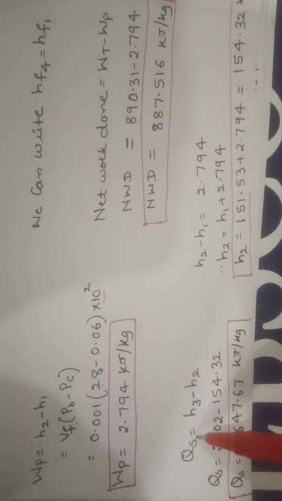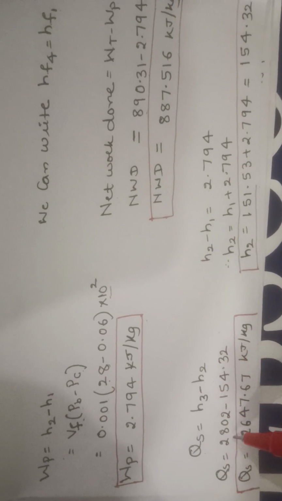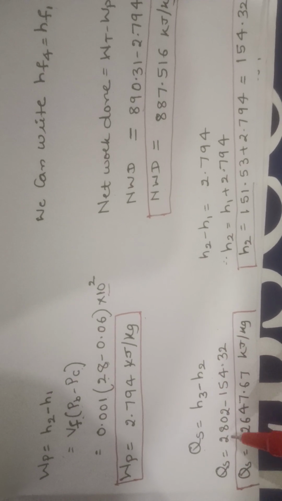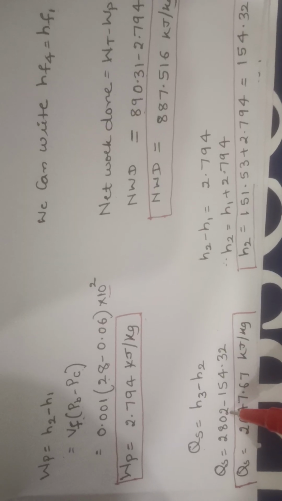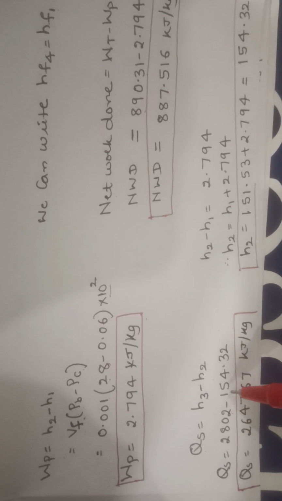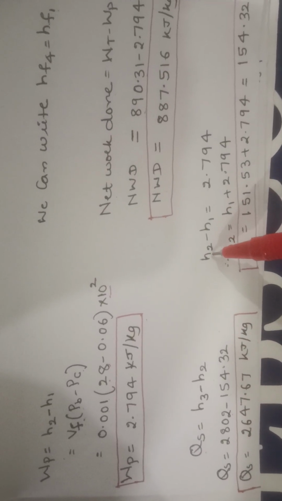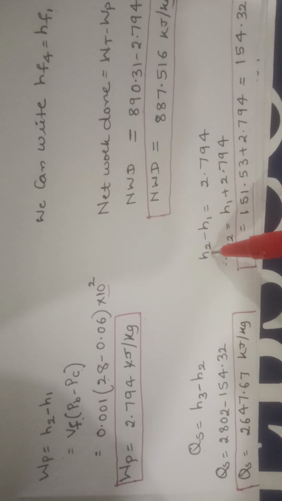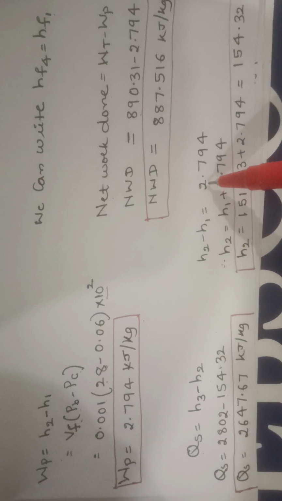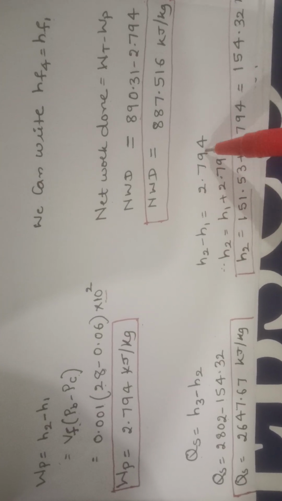So now our next step is to calculate the heat supplied. So heat supplied is given by the formula H3 minus H2. So H3 already we have calculated, that is enthalpy of steam at 0.3. Now H2 I don't know, so let us calculate this H2. Already work done by the pump is nothing but H2 minus H1, which we have calculated, this is 2.794.